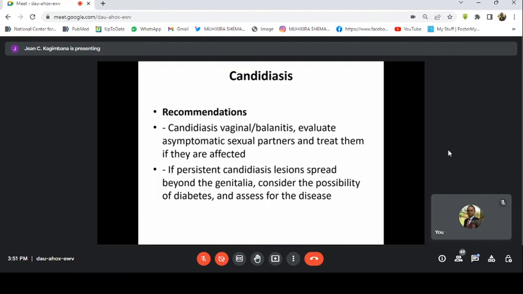Always, of course, when you have a non-obvious cause of candidiasis, always check for diabetes. You see a healthy patient who is not on any treatment developing genital or mouth mucosal candidiasis, always don't miss to check what? Diabetes.